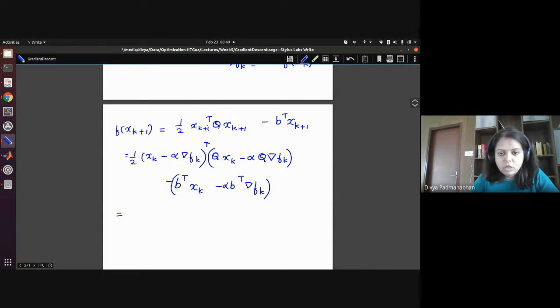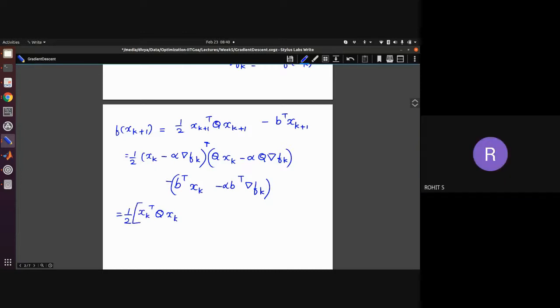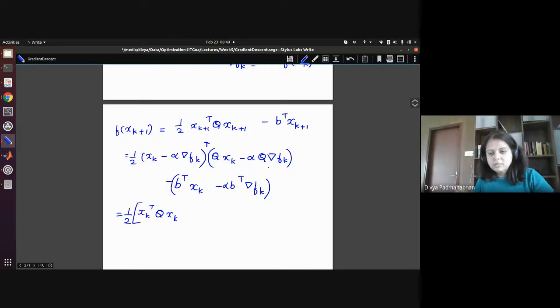All of x_k, x_{k+1}, b are vectors, so you would call it x_k transpose Q x_k. Just keep that in mind whenever you're doing these operations: you have to note whether it's a vector or a scalar.